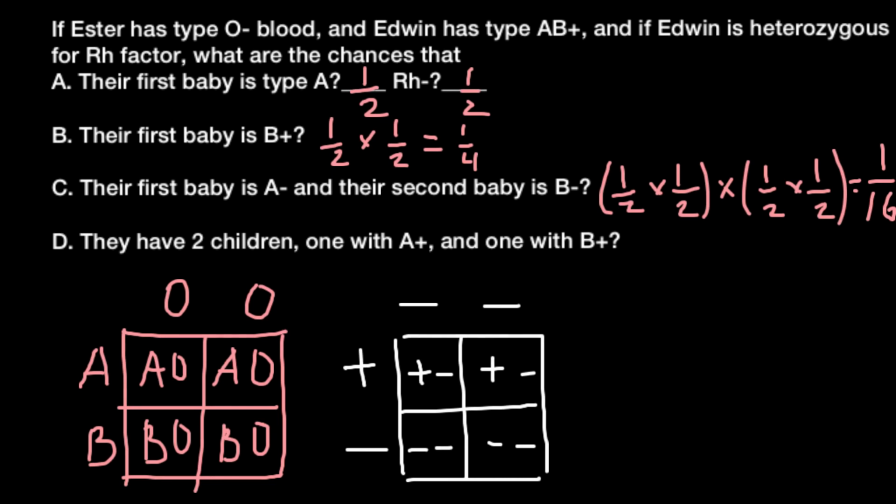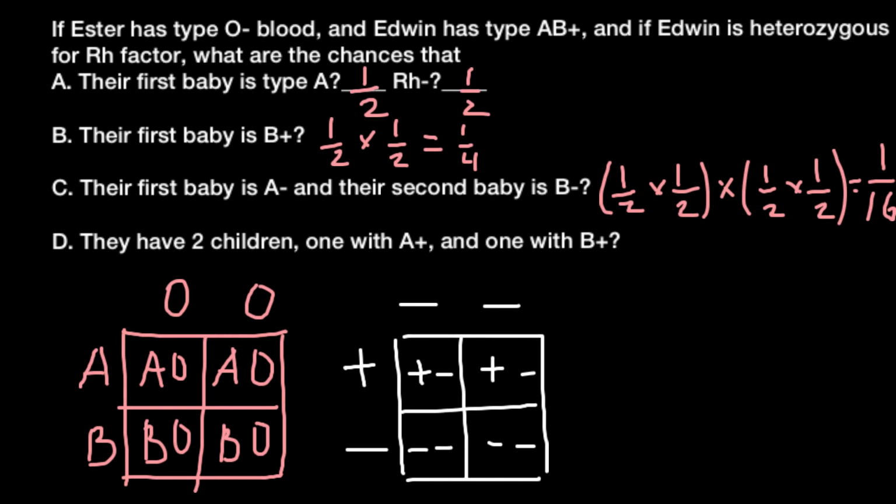And the last question, they have two children, one with A positive and the other with B positive blood group. Once again, we have the same chances as here to be A positive, so 1/2 and 1/2, and B positive also 1/2 and 1/2, but this time the answer would be different, because here, please pay attention, the order is given.